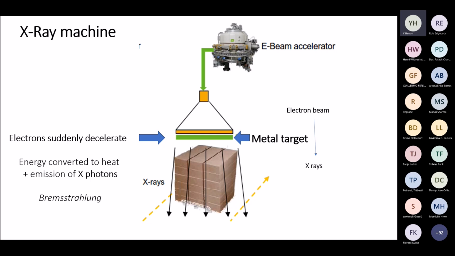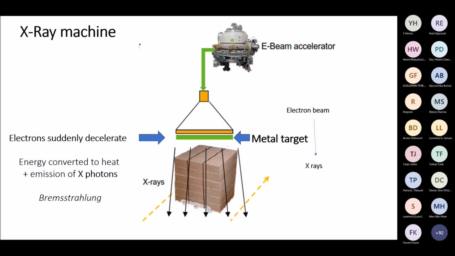What happens is that the electrons produced by these electron accelerators will very quickly, over a very short distance, decelerate and produce what the Germans call Bestrahlung, the emission of X photons. Most of the energy, unfortunately, will be dissipated in the form of heat, hence the necessity to cool the target.